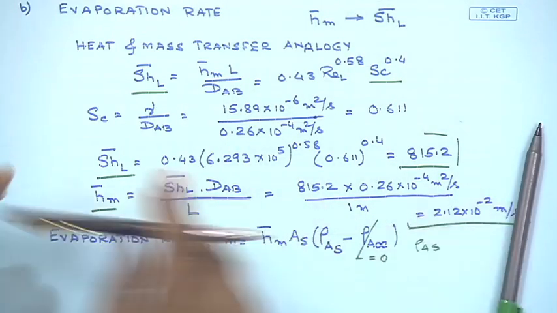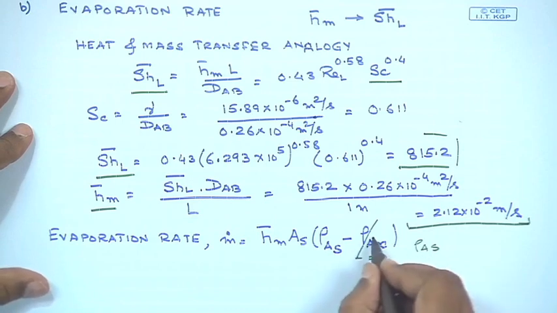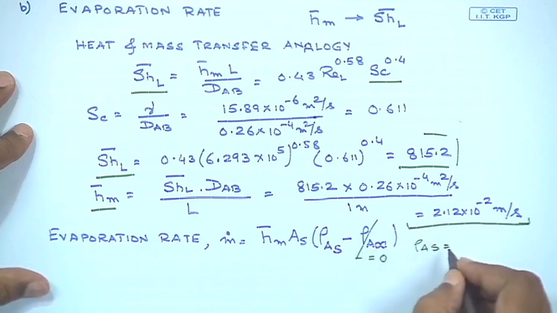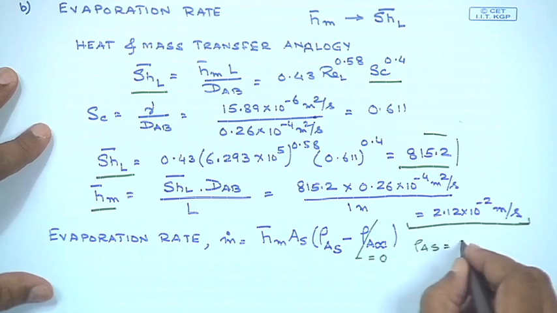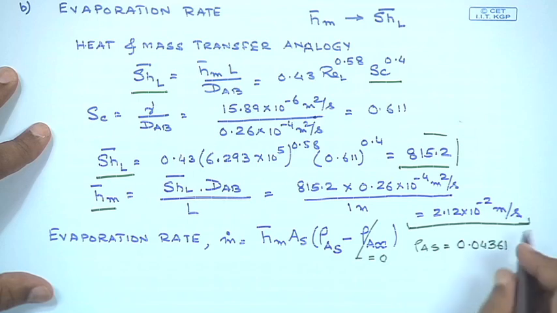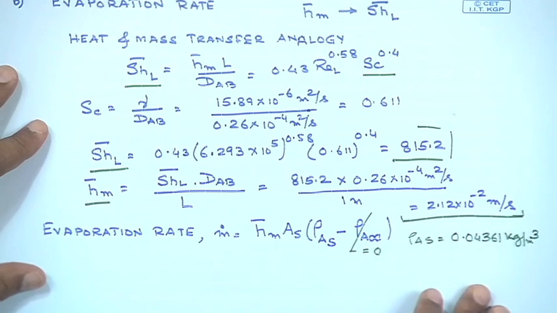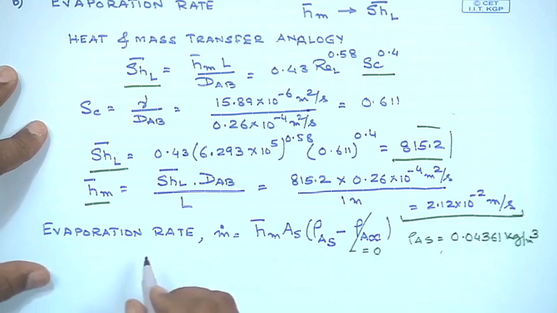Thus, what we have here is rho A infinity equal to 0, and the value of rho A sat is provided, which is 0.04361 kg per meter cube. That's the concentration of water near the surface.